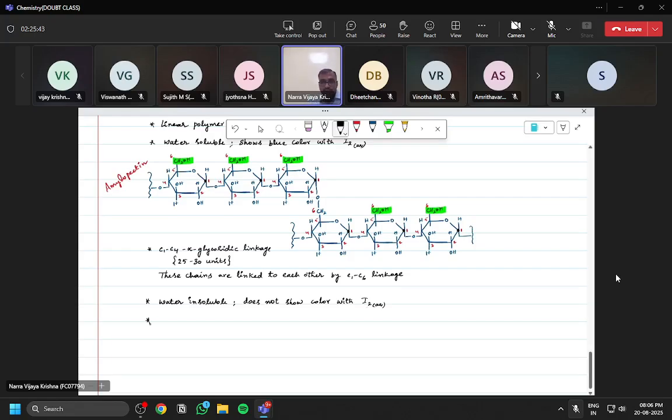Now, to hydrolyze starch, we use an enzyme called amylase, which is found in saliva. So starch is hydrolyzed by amylase, which is found in saliva.